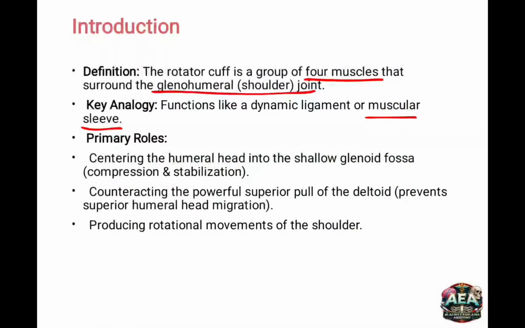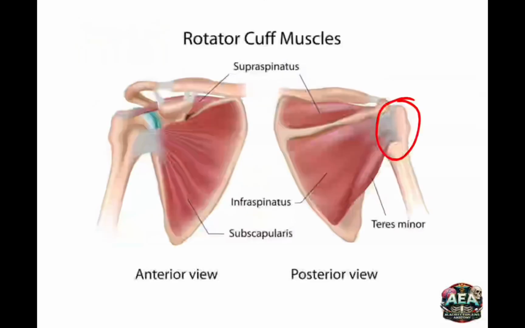The primary function of the rotator cuff muscles is to help in centering the humeral head into the shallow glenoid cavity, glenoid fossa. They counteract the powerful superior pull of the deltoid to prevent superior humeral head migration, and they also play a role in producing rotational movement of the shoulder.